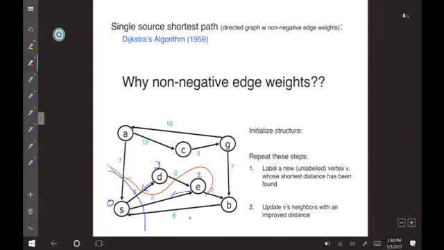So Dijkstra's would say, okay, find and label the minimum total weight edge. That's a mistake when you allow negative edge weights, okay? Because we could go here. Now, there is another algorithm that will find shortest paths in the presence of negative edge weights, absent negative weight cycles, but it's more expensive, right?